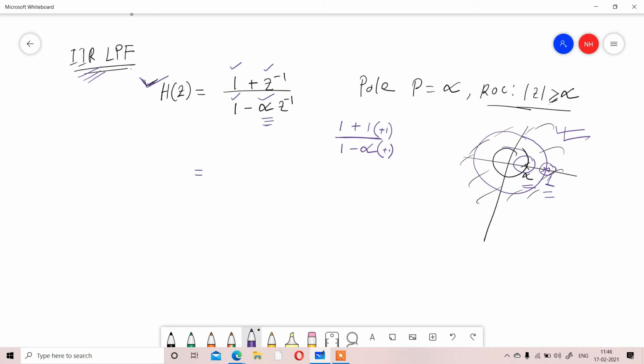Whatever Z components you have, all the Z components will be multiplied by plus 1 for the IIR low pass filter. Whenever we consider high pass filter, that will be multiplied by minus 1.